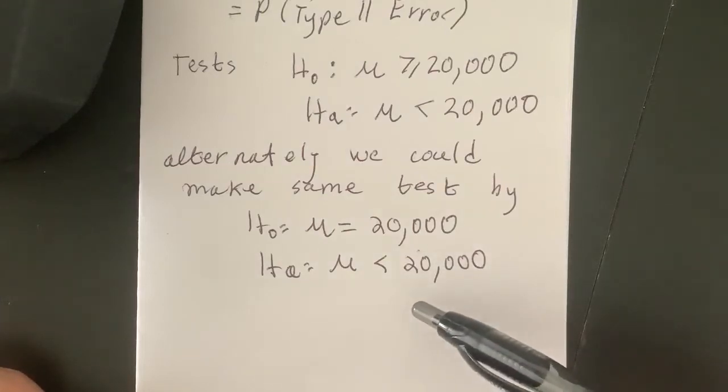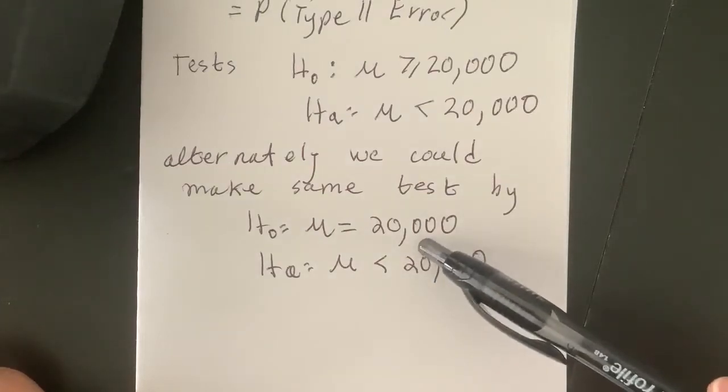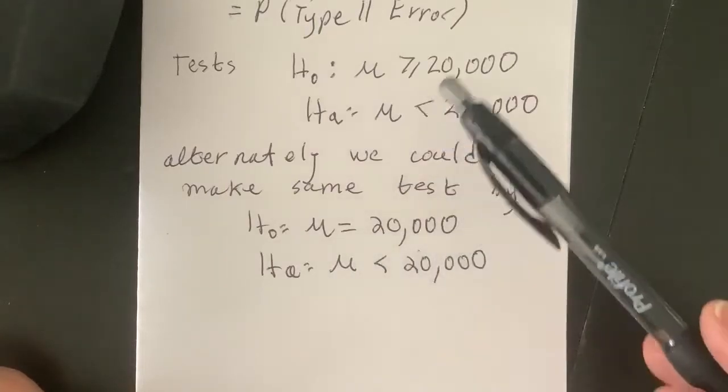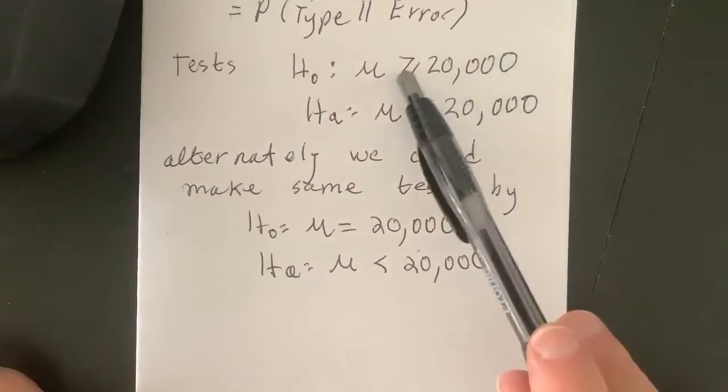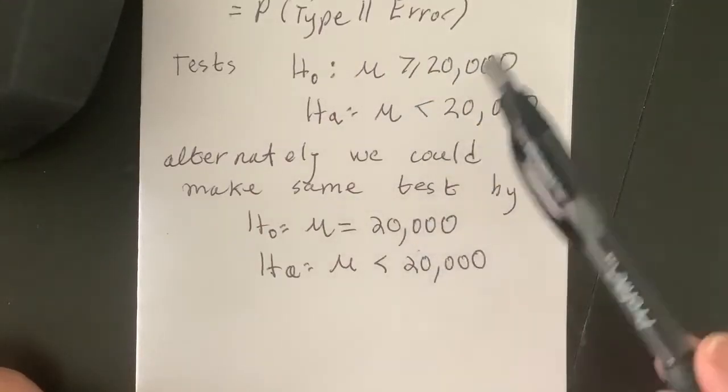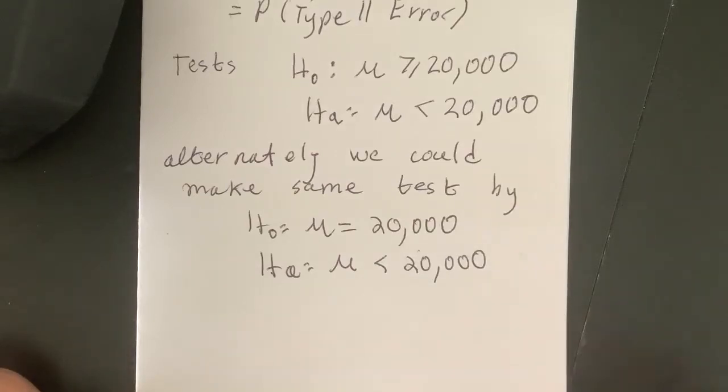So I can reject that mu is 20,000. It's really essentially what I was doing here, because I was taking the boundary here anyway. So these are the same test, really. Okay, let's try to point that out more as we go forward.